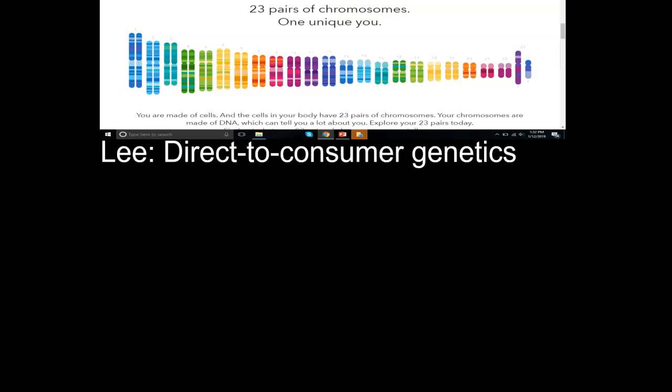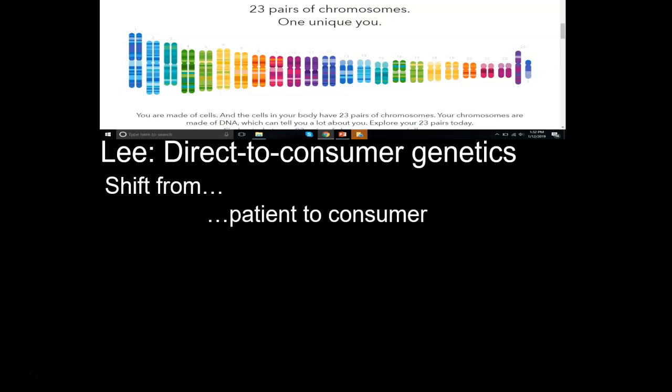So the rise of this direct-to-consumer genetics, Lee suggests, represents a real shift in the relationship that everyday people have to genetic research and in how we think about health and illness. And there's a few elements to this shift as she describes it.